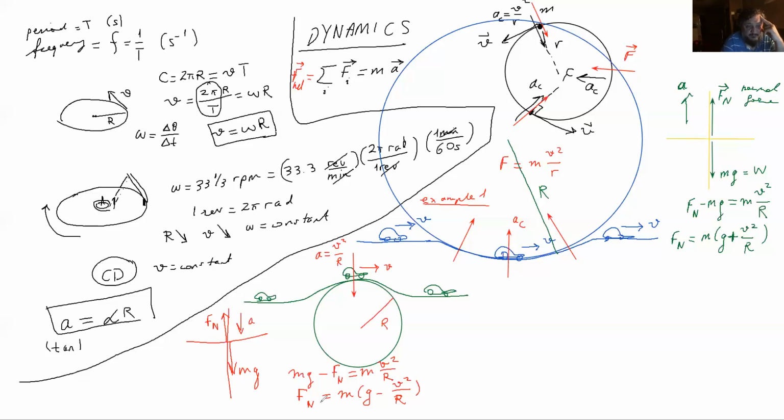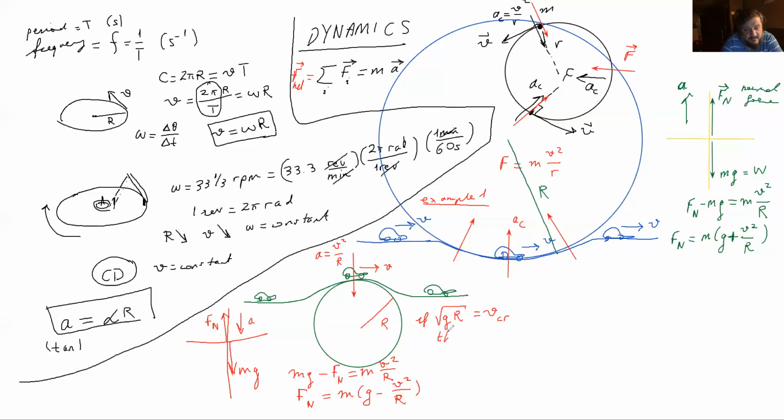So there will be a point, if you go fast enough, when Fn will be 0. So if g times r, and you take the square root of that, if this is your velocity, this critical value, then this will be 0.